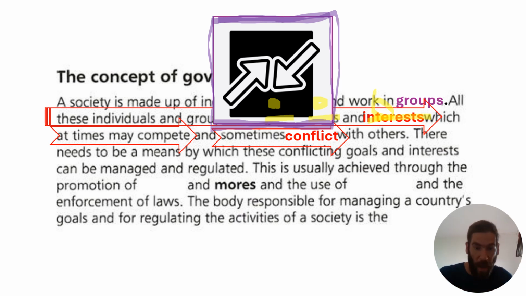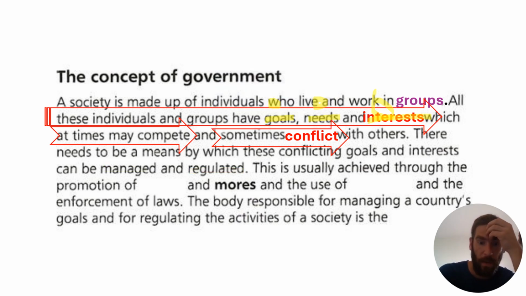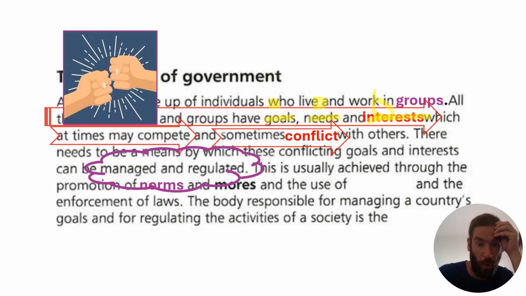And we need to manage these. They need to be managed and regulated. Everybody cannot just do what they want. And how do we achieve that? Normally, the management of goals and interests is achieved through the promotion of norms, like how to interact together.